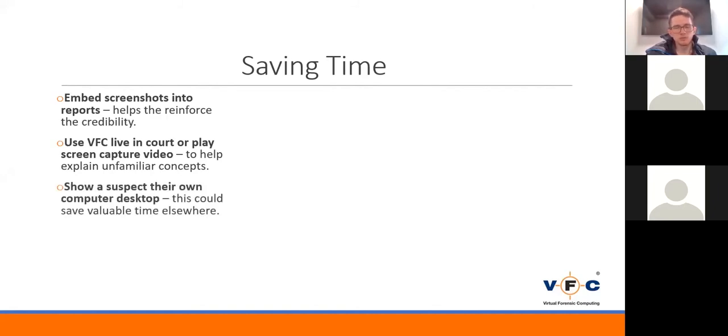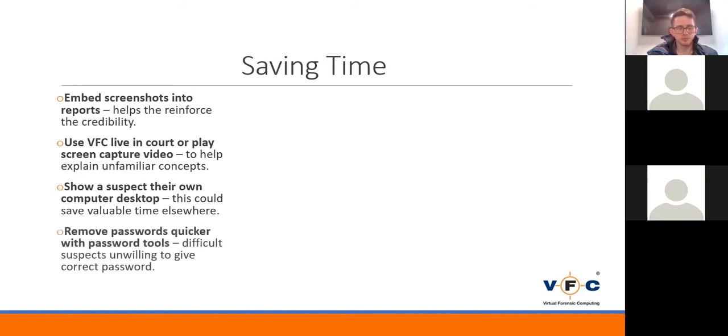You can also show a suspect their own computer, especially in interviews. Everyone knows that you'll get a difficult suspect who might not want to provide any information and might deny everything. But if something is black and white in front of them, and it is their own, it's very difficult to do that. Also, I'll touch on this a bit later, but you can remove and bypass the passwords with the inbuilt password tools in VFC.